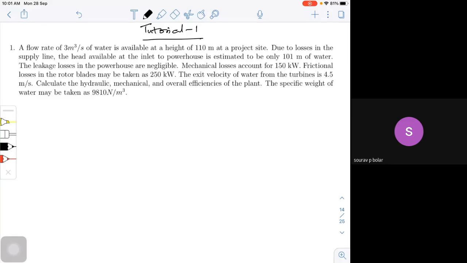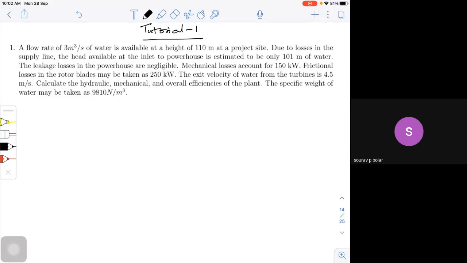The leakage losses in the powerhouse are negligible. The mechanical losses account for around 150 kilowatts. Frictional losses in the rotor blades may be taken as around 250 kilowatts. The exit velocity of the water from the turbine is around 4.5 meters per second.